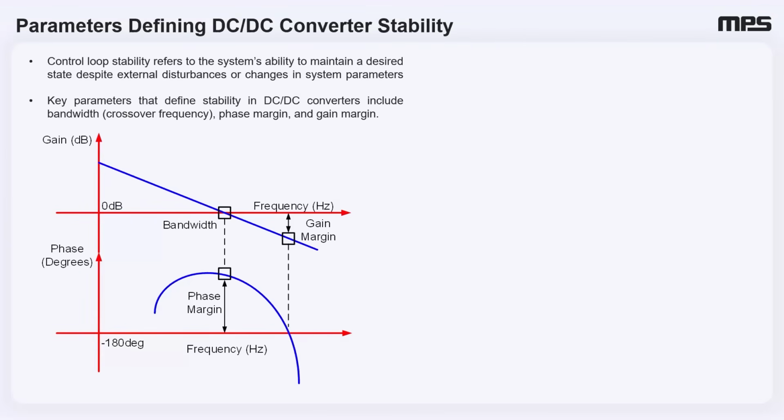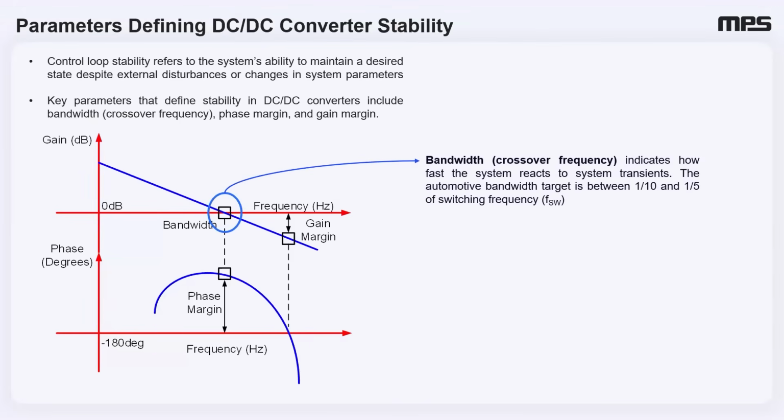For typical DC-DC converters, we are talking about maintaining a stable output voltage even when the load current fluctuates a lot. So the key parameters that define stability are the bandwidth, which is also called crossover frequency, phase margin, and the gain margin. On the right here, you can see what is called a Bode plot, which shows all these parameters.